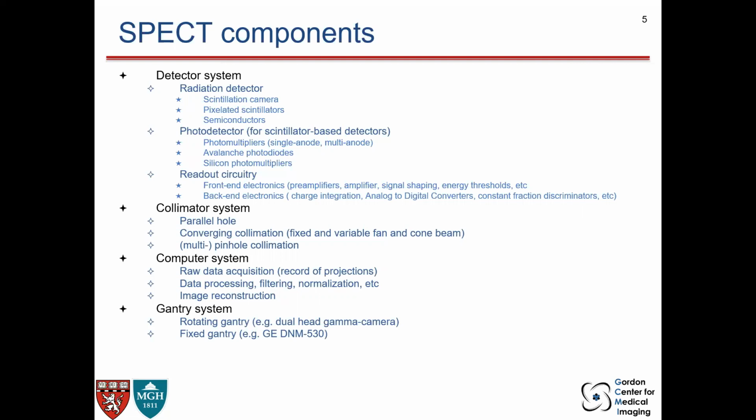We typically divide readout circuitry into front-end and back-end electronics. Front-end covers the amplifiers, preamplifiers, signal shapers, and thresholders, and the back-end is typically analog to digital converters and constant fraction discriminators. In more modern systems these are moving to the front end, and the back end is more on general acquisition, signal post-processing and preparation for image reconstruction.